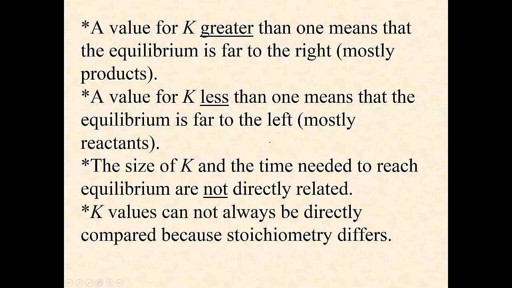Okay, so what does this K tell us? When I look at a K, what is it going to be able to tell me? Well, if I have a really, really big K, use your common sense. It's products over reactants. Mathematically, the only way I'm going to get a large K is if I have more products than reactants. That makes sense. What if I have a K less than 1?